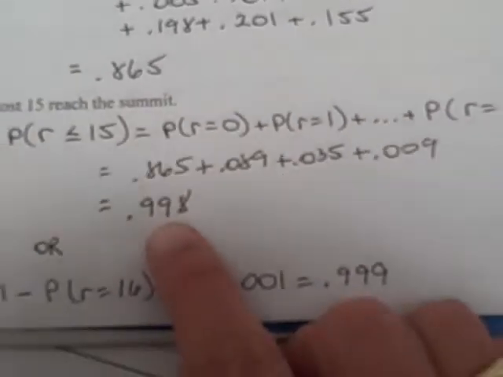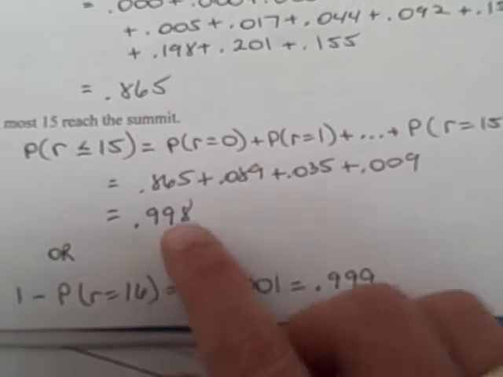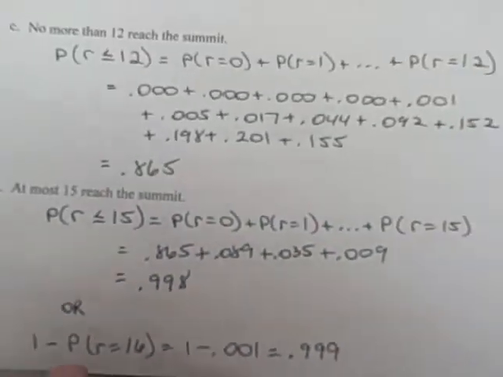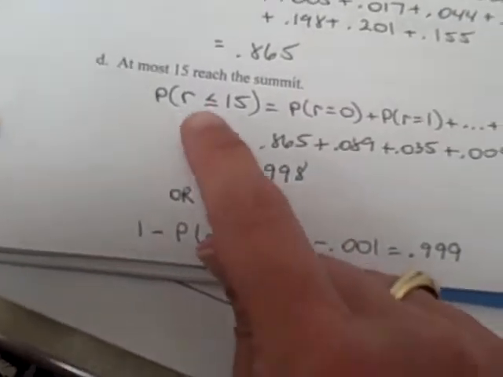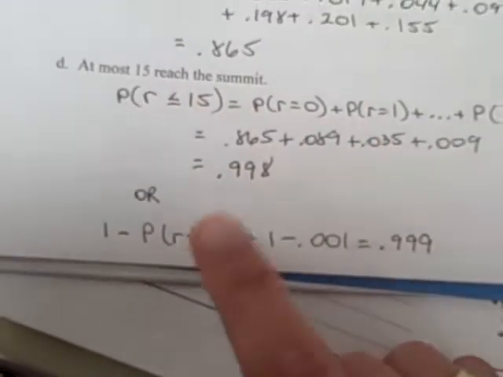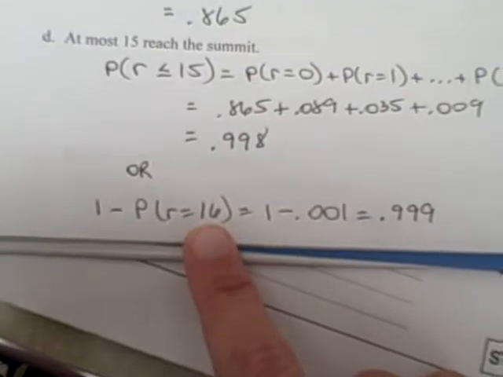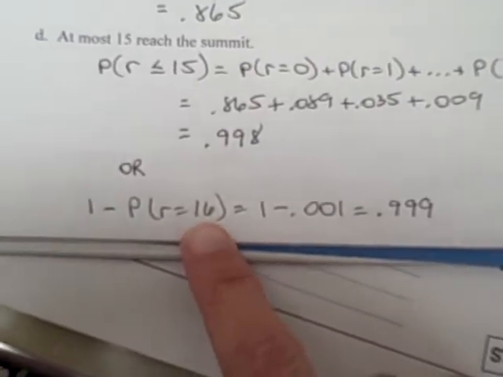The other way you could do this is that all the probabilities from 0 down to 16 should add up to 1. They don't always exactly because of rounding. So to get the probability of everything except for 16, we can do 1 minus the probability r equals 16.